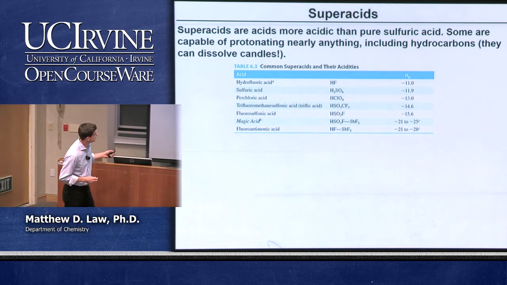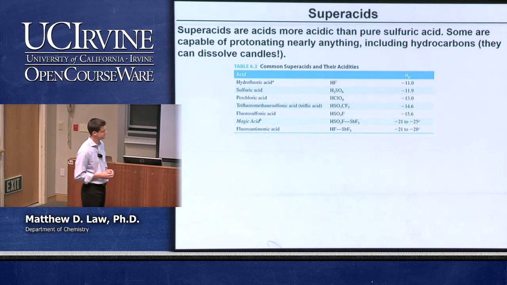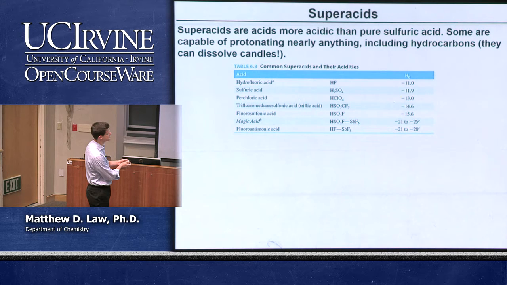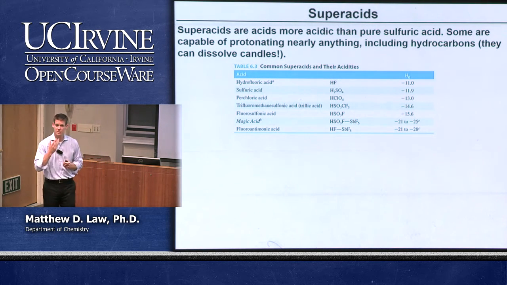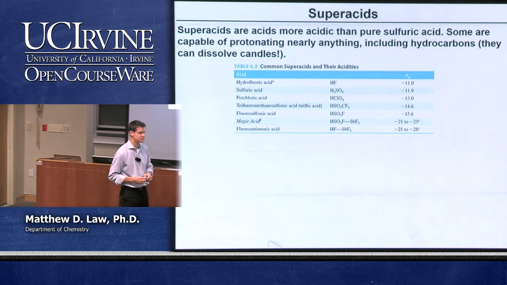Okay? This is a table from your book showing some superacids and their relative acidities. The sulfuric acid benchmark is shown here. Pure sulfuric acid is what we're talking about. And this has an acidity, kind of like a pKa value, called a Hammett constant, of about -12. So anything that's got a more negative value than sulfuric acid is a stronger acid than sulfuric acid.